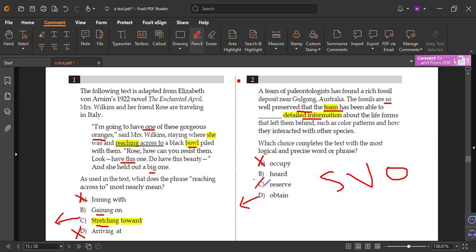Of course, it does not mean reserve, because there is no explanation that they are going to reserve the information or hide it from stealing or spies. So it does not make sense. Here it's the opposite. So here, to obtain. That's why. Got it?